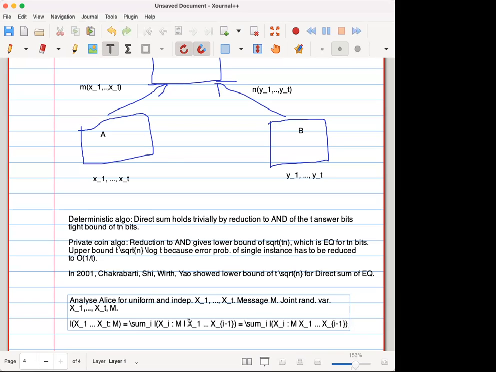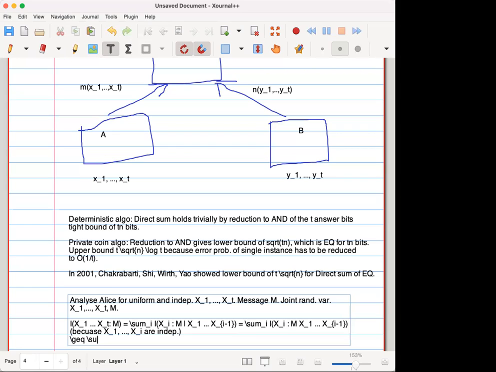Did you follow that? Now I'll use the data processing inequality for mutual information.